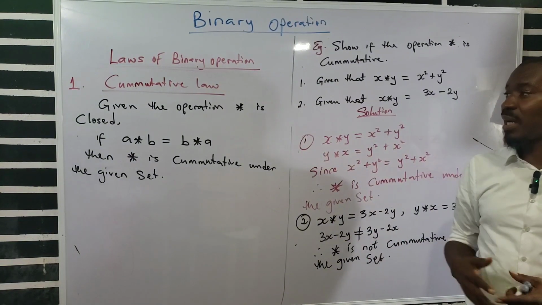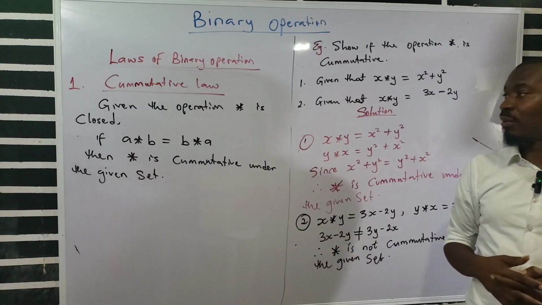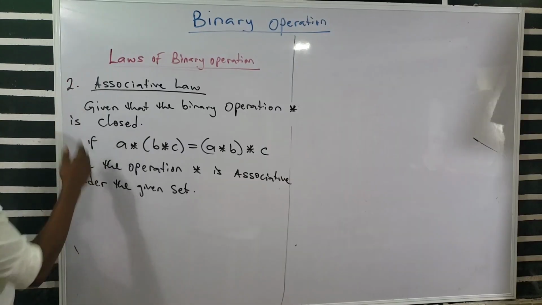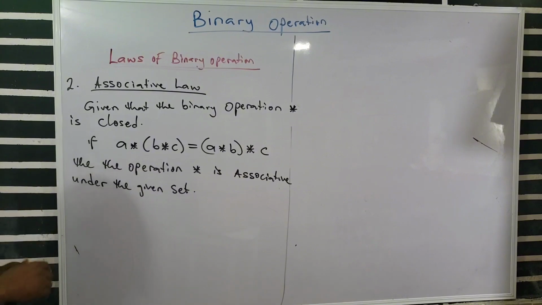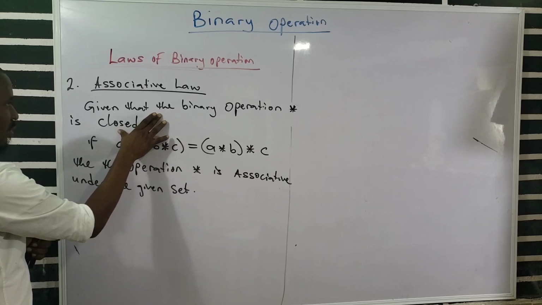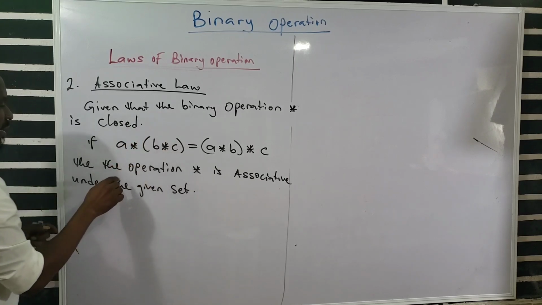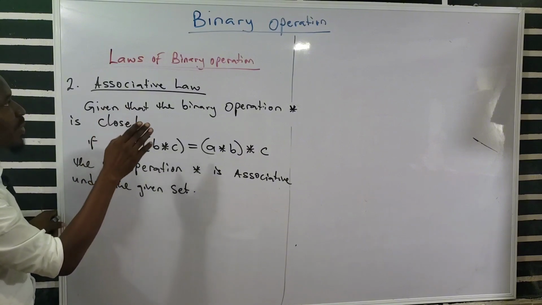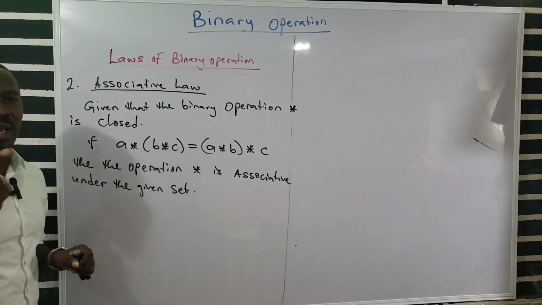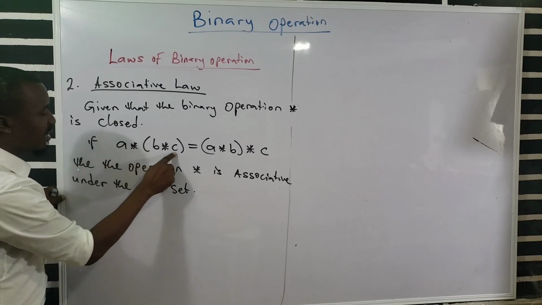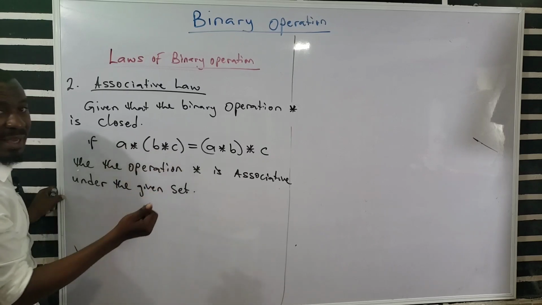Okay, so let us look at the second law of binary operation. Our number 2 law is the associative law. And for this associative law, of course, the operation has to be closed. Like I said earlier, binary operation means combining two elements. So you can see we have 3 elements here, A, B, C, but we have to take them 2 at a time.